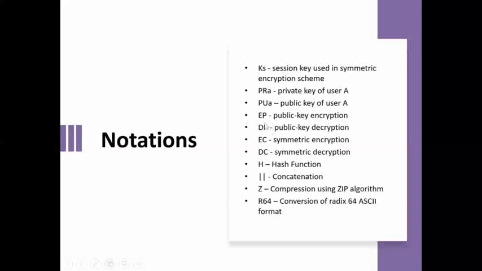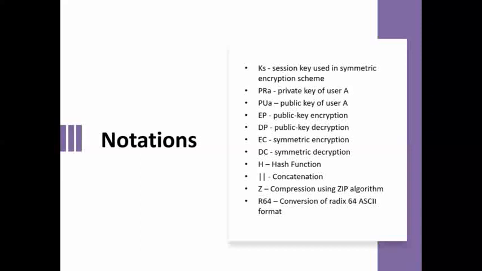Another one is EP, which is used while encrypting the data. EP is the encryption algorithm of the public key encryption scheme. DP is how we decrypt the data, so here we use the decryption algorithm, which also belongs to the public key scheme.